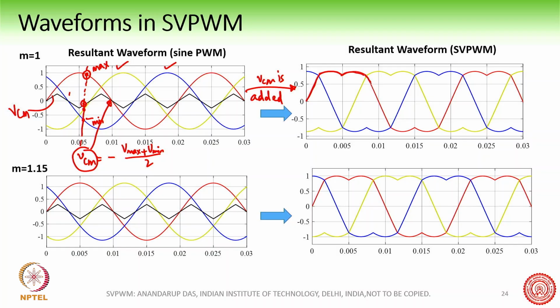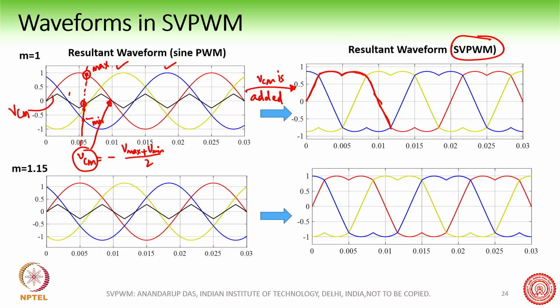This waveform is the waveform for space vector PWM. It looks a little different from sine PWM, but it actually means sine PWM plus the common mode voltage. You can do it yourself: add the sine wave with this common mode and you get this voltage here.